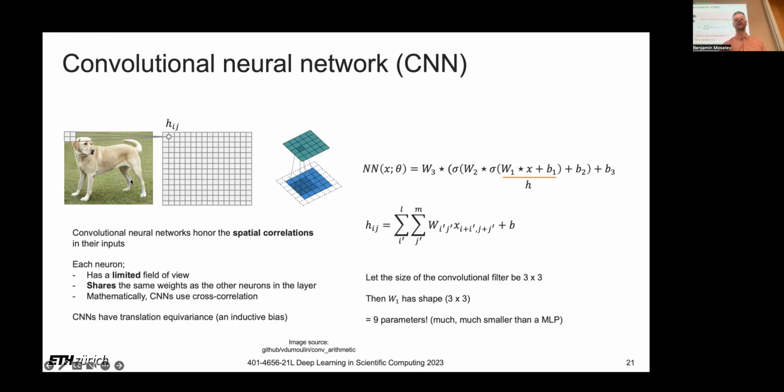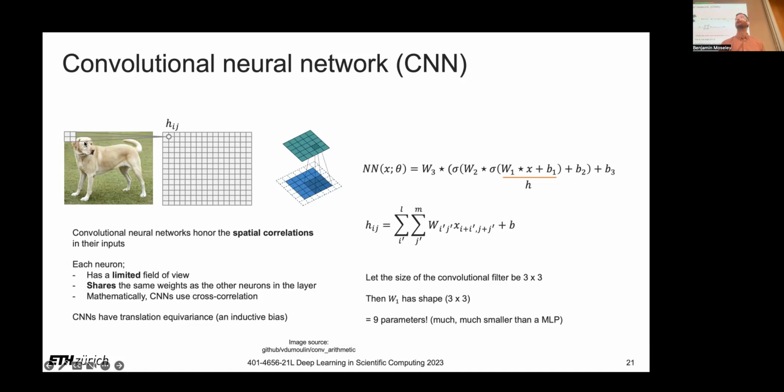And so what convolutional networks do is, we have our input again. We don't flatten it this time. We keep it as a 2D image. And we arrange our neurons in the next layer to be at the same locations as those pixels in the image. So it's essentially another image in the second layer. And instead of each neuron being fully connected to every single pixel of this image, we're just going to connect it to its neighboring values. So maybe just the neighboring values of the pixel here.